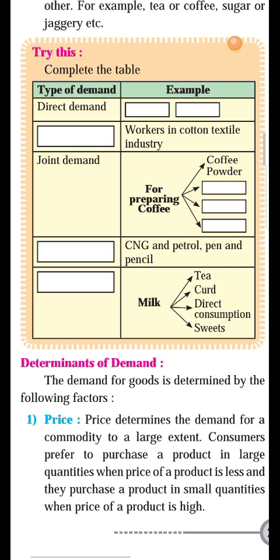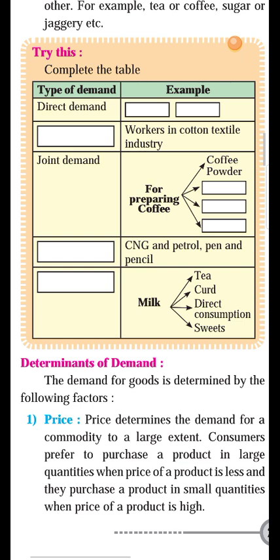All these are joint demand. Or instead, if to make a cup of tea, tea powder is required, water is required, sugar is required, and milk is required. So you can write the same thing. In the first box of the joint demand you can write milk, sugar, and water.